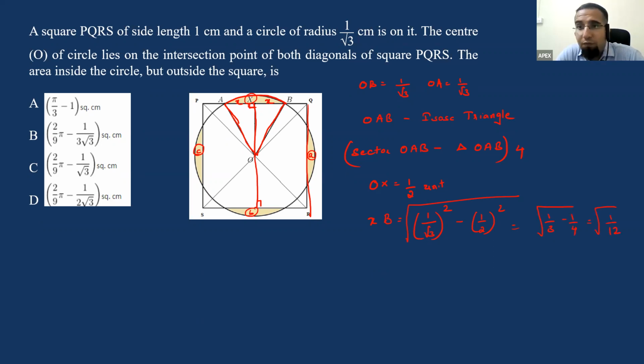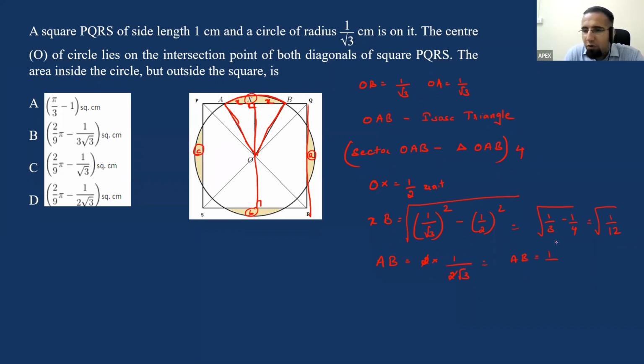So since we get root over of 1 by 12, now what am I looking at? We are looking at 2 times of this becomes AB. So the value of AB will be 2 times root of 1 by 12, which becomes 1 by 2 root 3. 2 gets cancelled, which means AB is also equal to 1 by root 3.